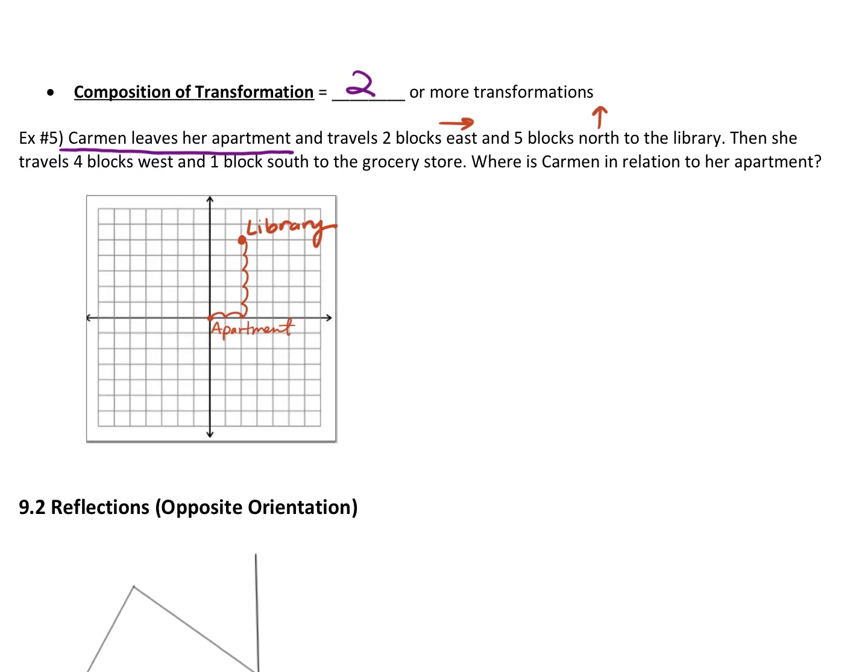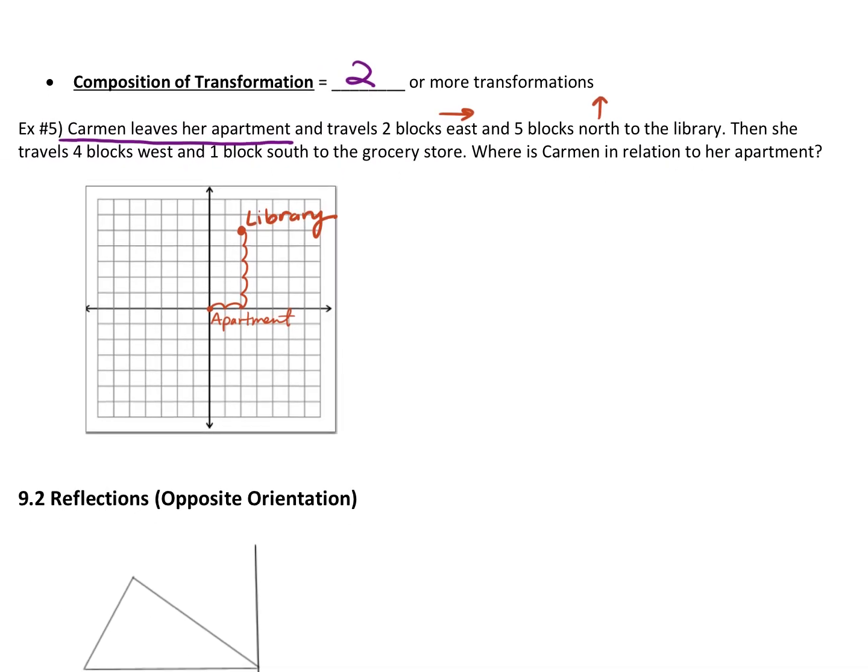It says, then she travels 4 blocks west. What direction is west? The left. And 1 block south. South is going to go down to the grocery store. So 4 to the left, 1, 2, 3, 4. 1 block south is going to put her right here at the grocery store.